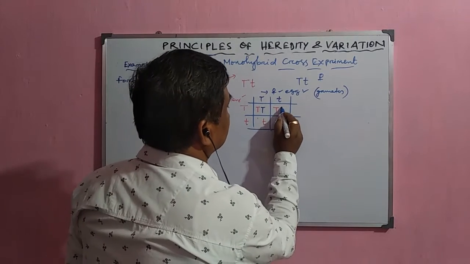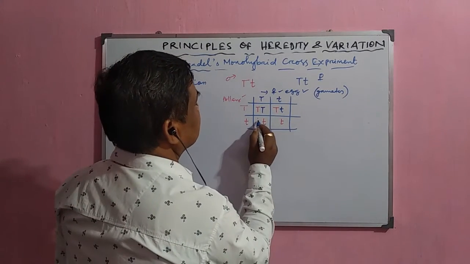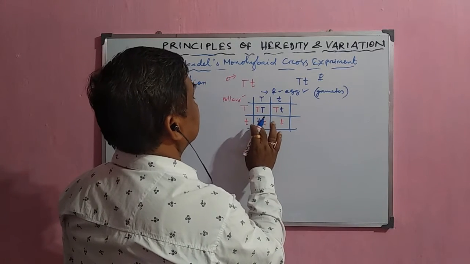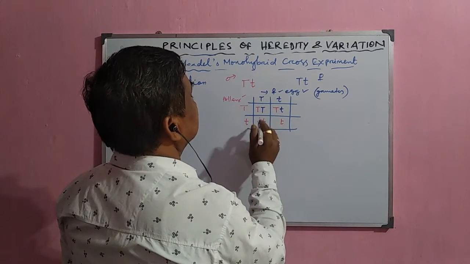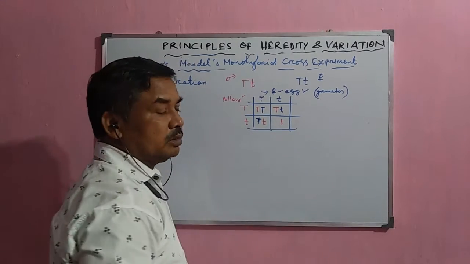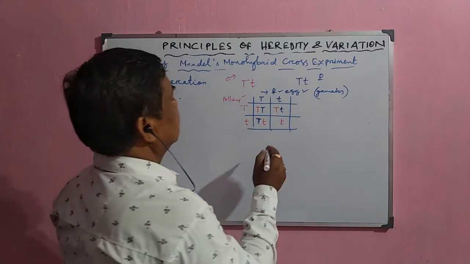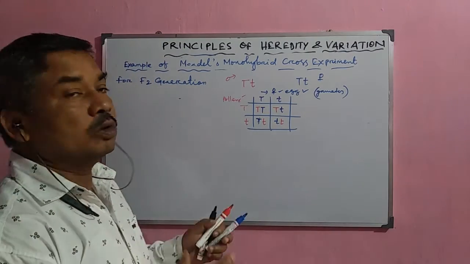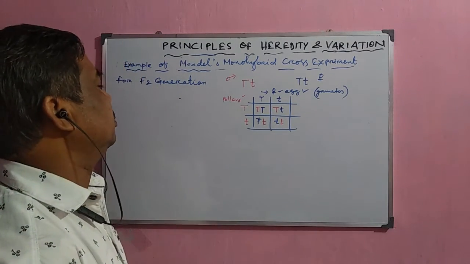Here the egg cell is capital T type, and here the egg cell is small t type. Now here also we will find 4 types of combination.